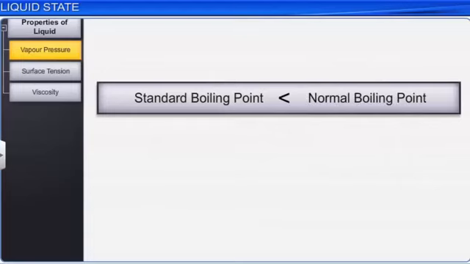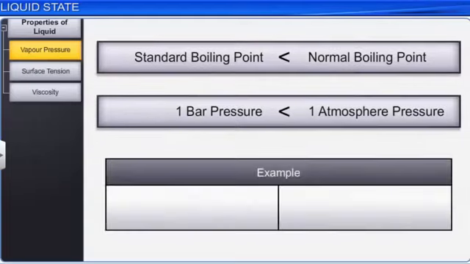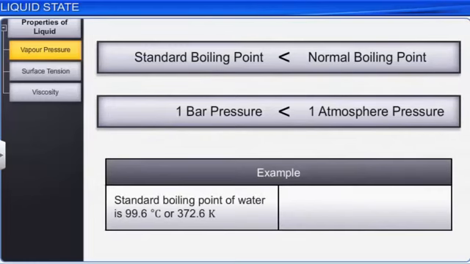For example, the standard boiling point of water is 99.6 degrees Celsius or 372.6 Kelvin, and normal boiling point of water is 100 degrees Celsius or 373 Kelvin.